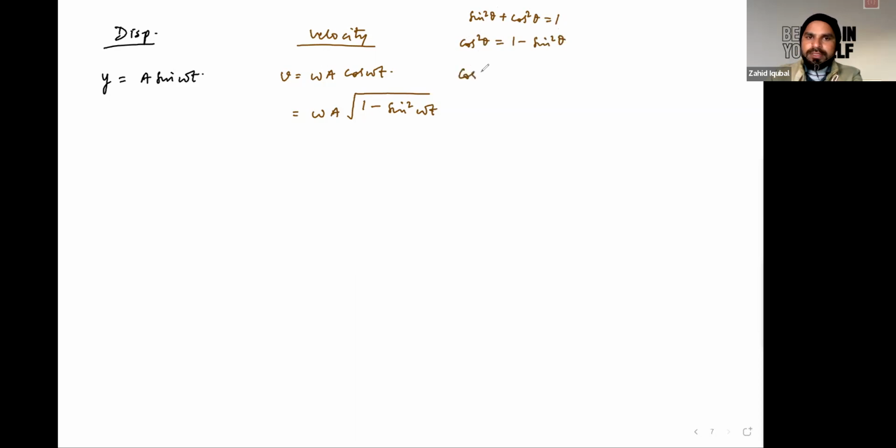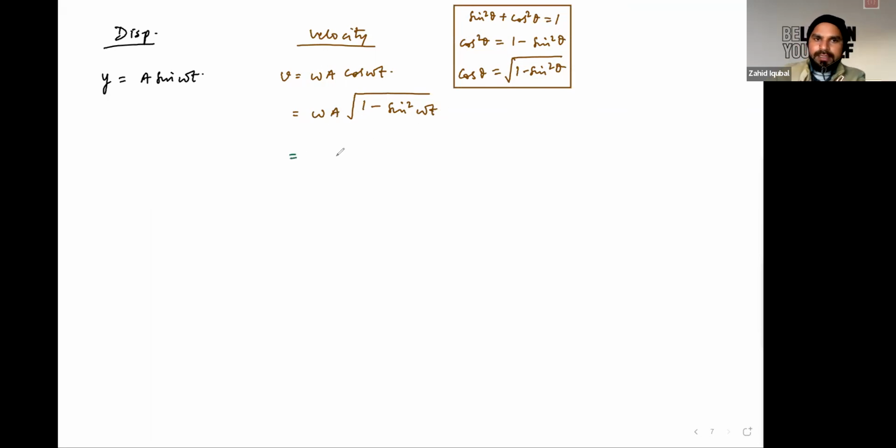So cos theta will be equals to root under 1 minus sine square theta. I'm just using this part. So from this we can say cos theta is root under 1 minus sine square theta.